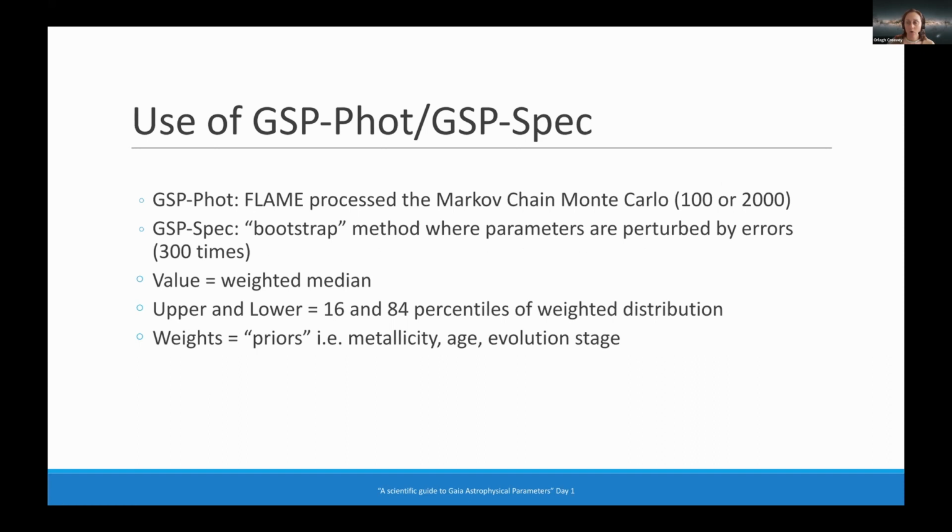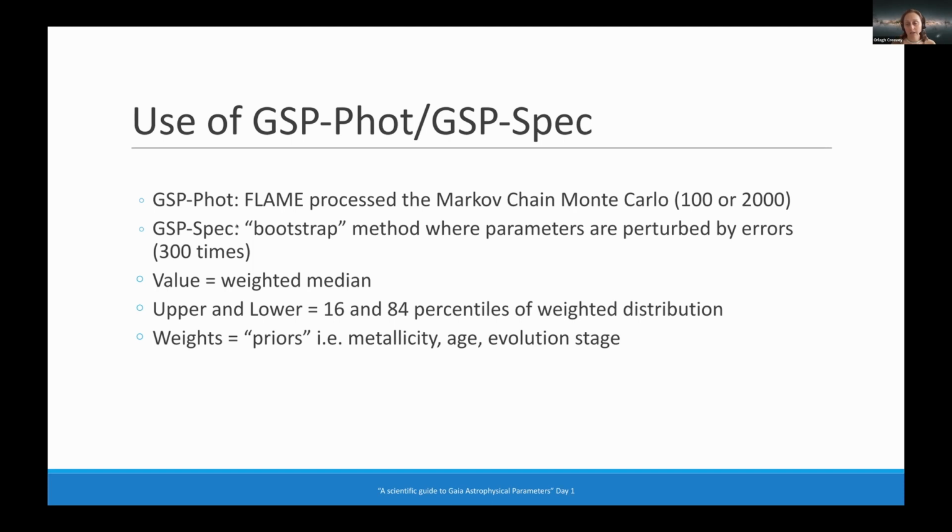Okay, so just a note about how we use GSP-Phot and GSP-Spec. So GSP-Phot uses a Markov chain Monte Carlo, okay? And what FLAME does, it actually processes that chain. So it takes each combination of temperature, extinction, etc., and it processes it. It derives the FLAME luminosity, mass, its age, etc. Okay.